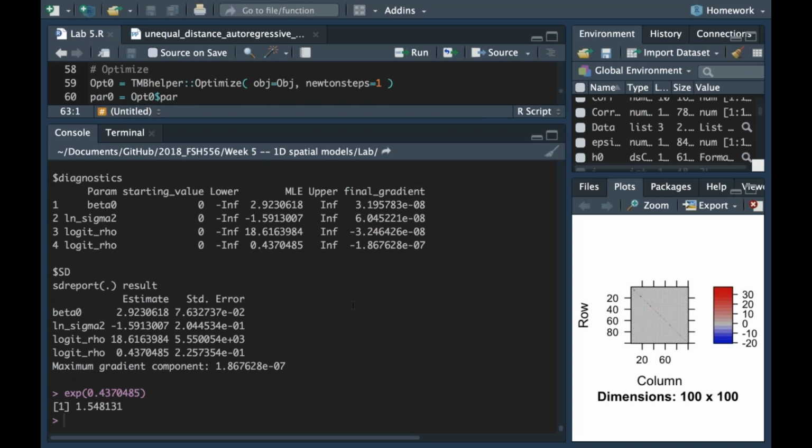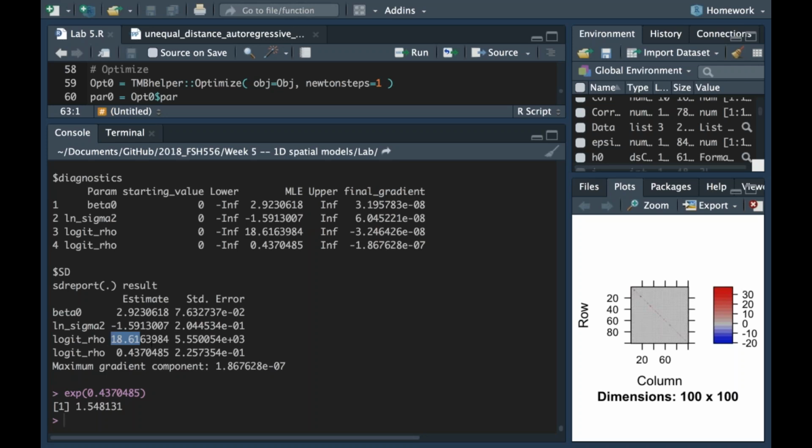The first value, I forget the Matern parameterization that it's using offhand. Does anybody remember what the first one was called? I think it's the range parameter. Yeah, and what a range parameter of 18.6 means, I have no idea. It depends on how they characterize it internally.